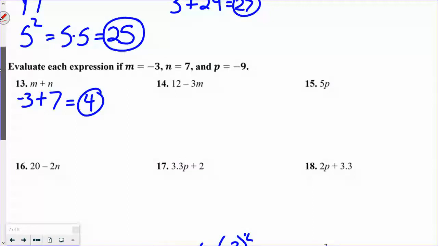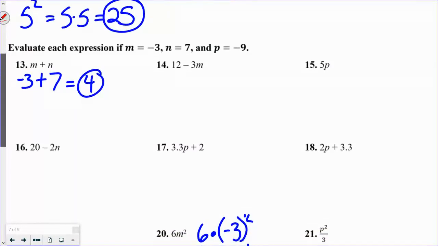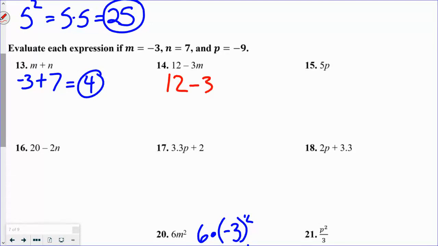Okay, let's do 14 as well. I know I'm jumping around, but there were certain ones I wanted to make sure I hit so that you really did understand how you're supposed to do these. Okay, so 12 minus 3 times m. This is 3 times m, not 3 and you add an m at the end, where the value of m is -3.